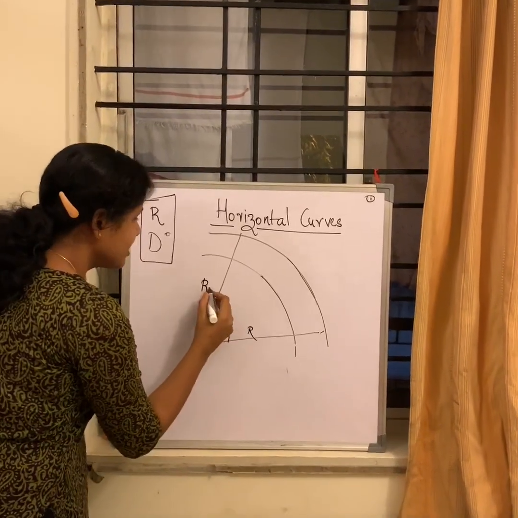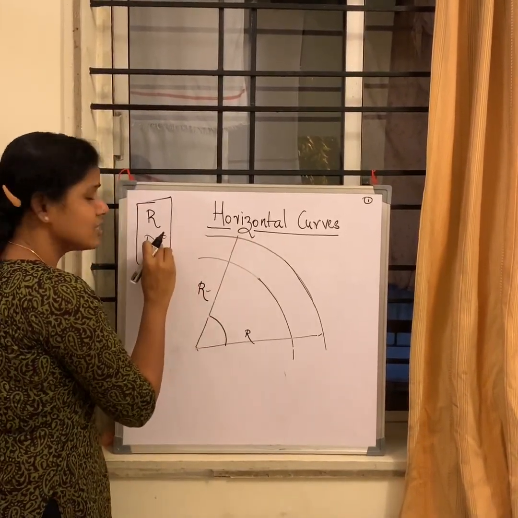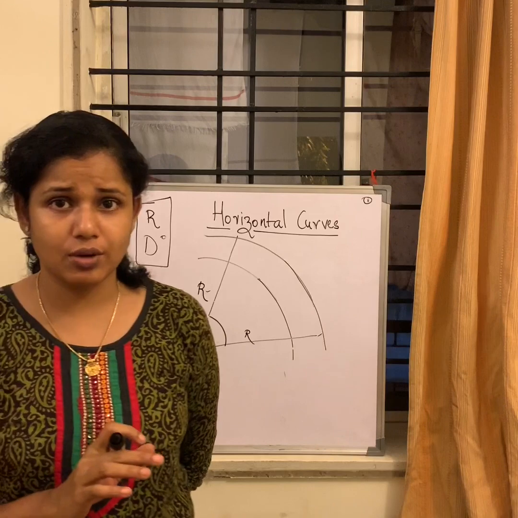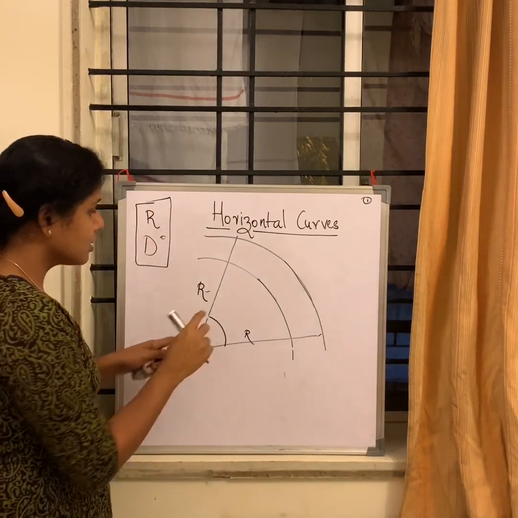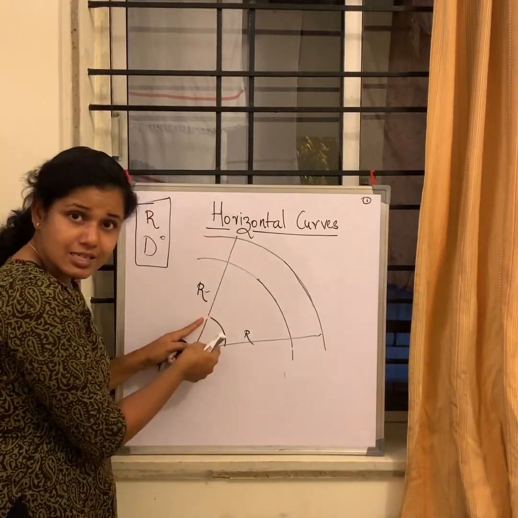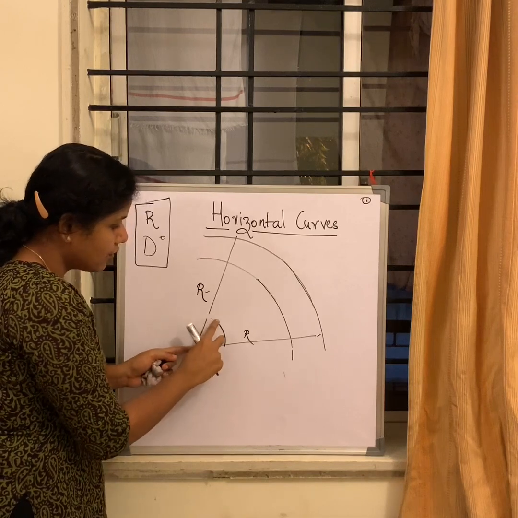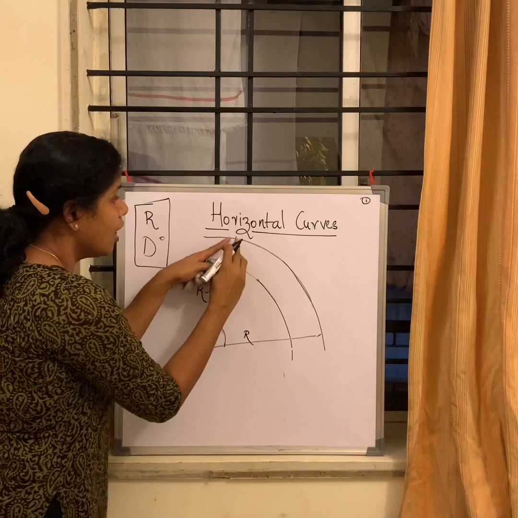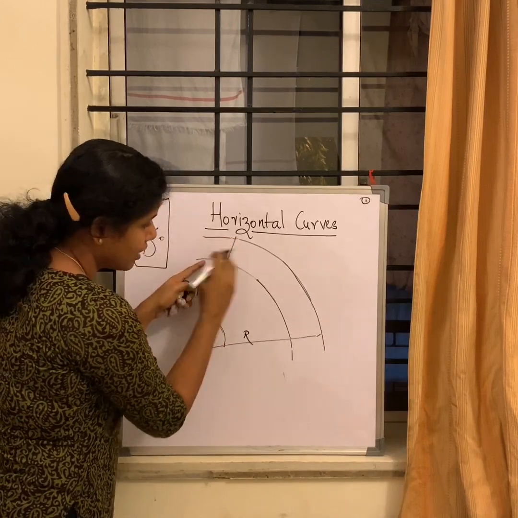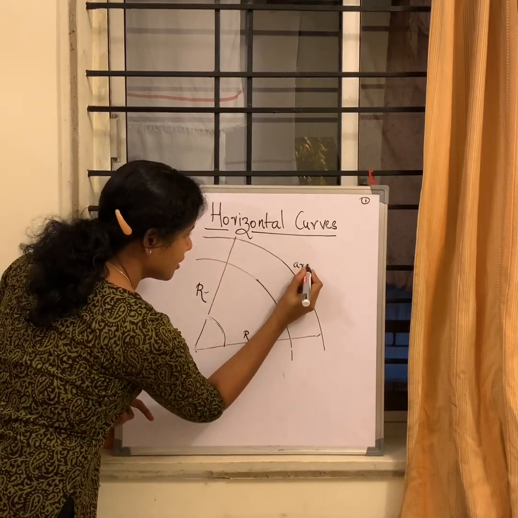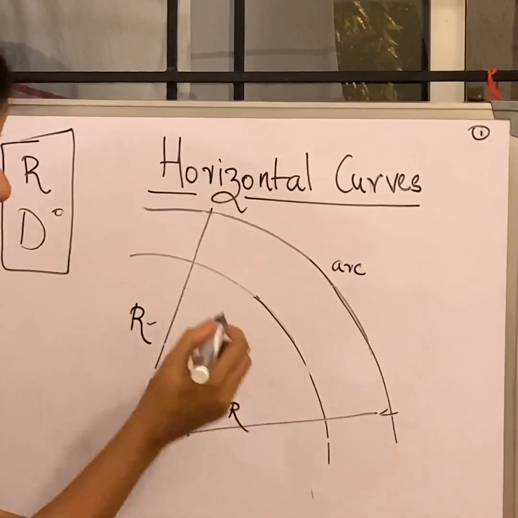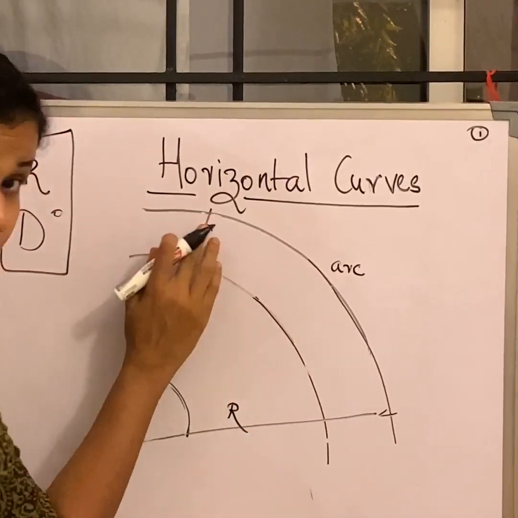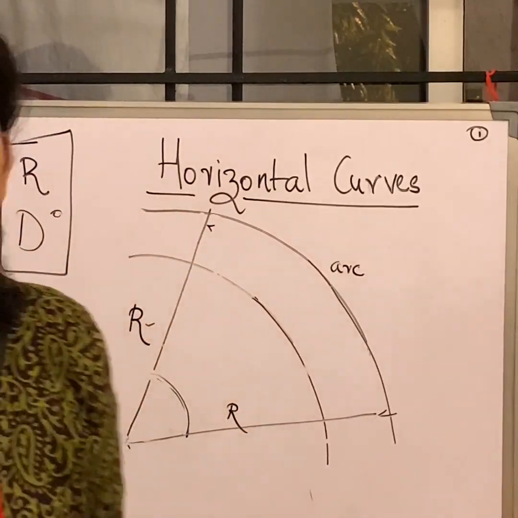Radius is something everybody knows. Now let's understand what we mean by degree of curve. The degree of curve is nothing but the central angle subtended by an arc of an agreed length.